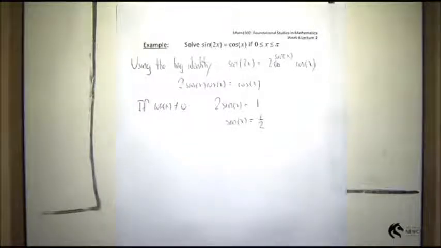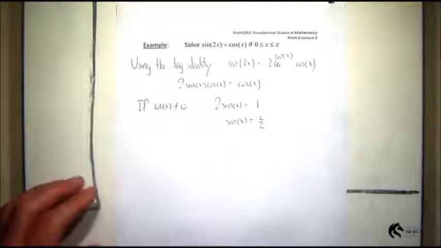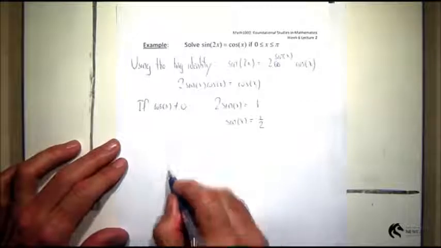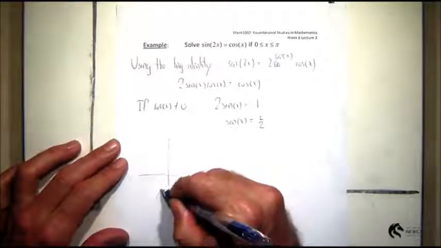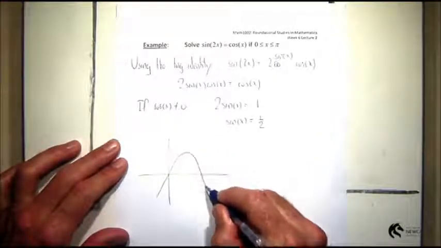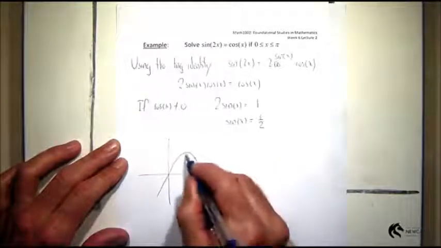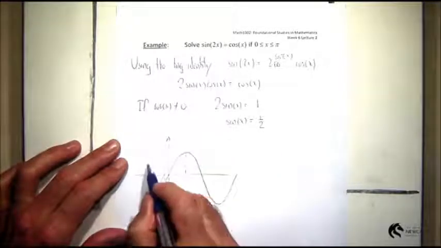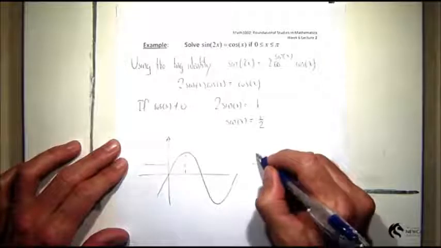And so now we're in a similar boat to what we were over here. But let me go through it again. So sine x is 1/2. If I were to draw my sine graph, and then draw my line y is equal to 1/2.